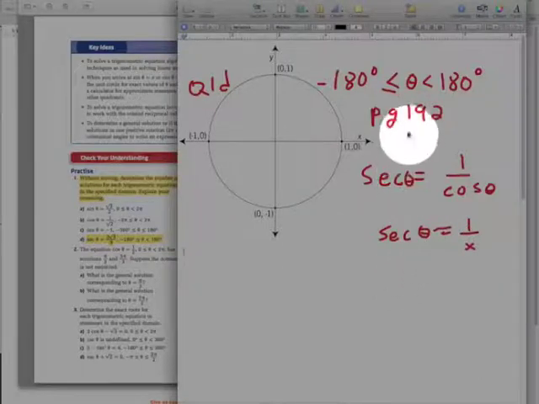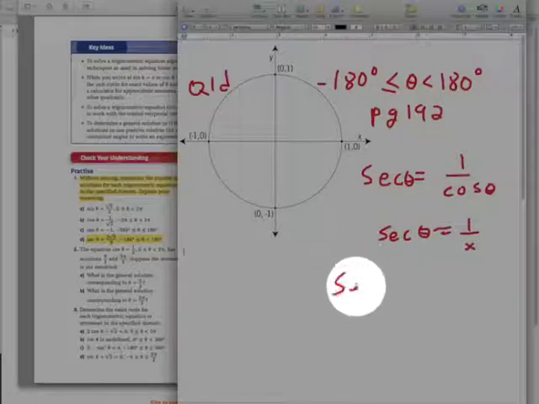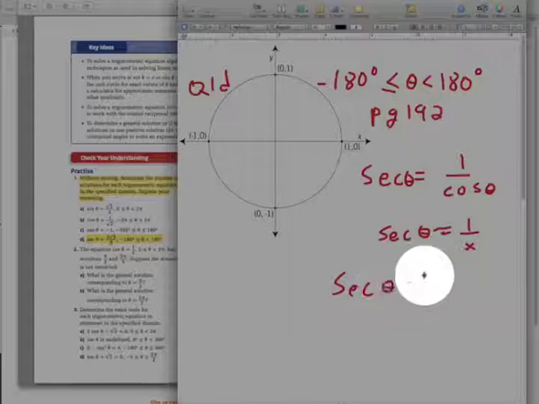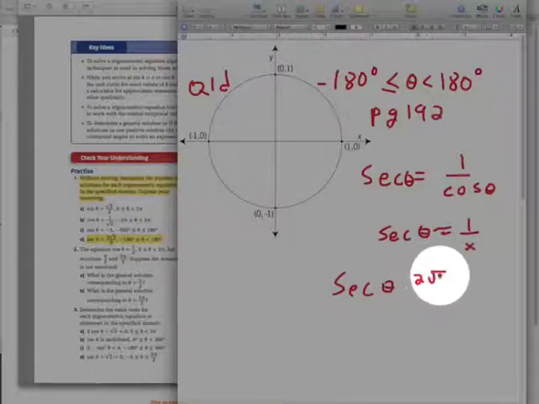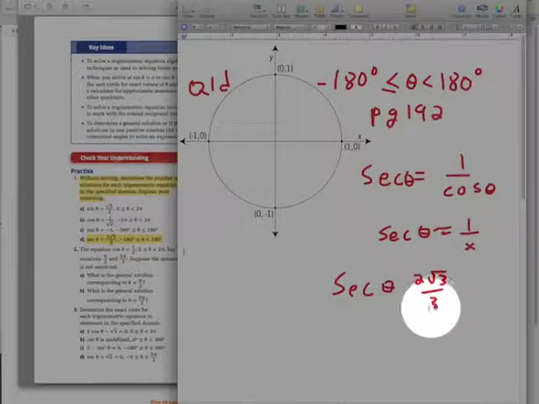So here, if we're talking about secant theta equal to 2 root 3 over 3, what they've done is rationalize this answer. Because remember, we don't leave root 3s in the denominator as answers.